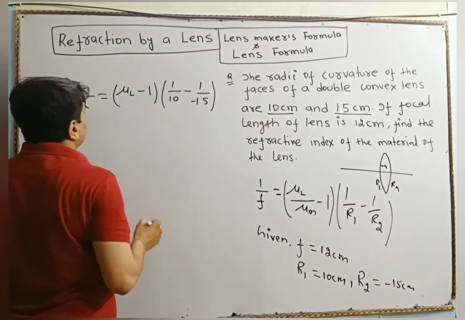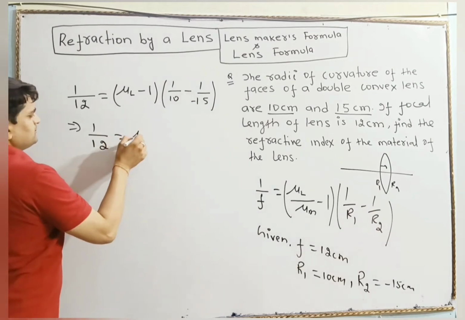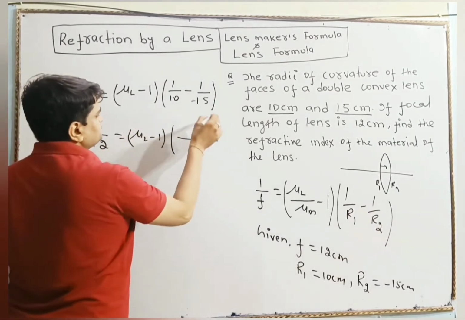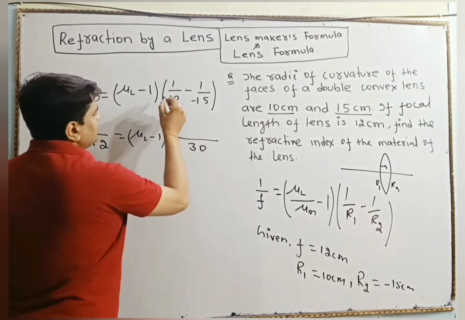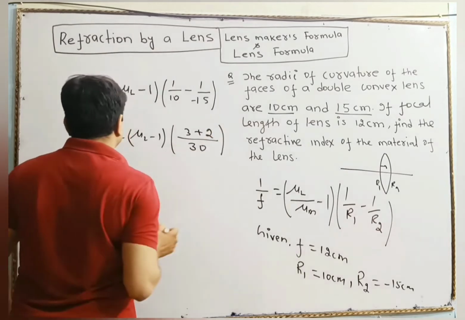Okay, it becomes positive, it will be 1 upon 12 mu L minus 1 and it will be 30 and it is 3 plus 2.